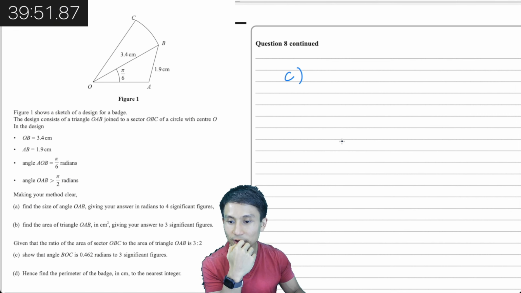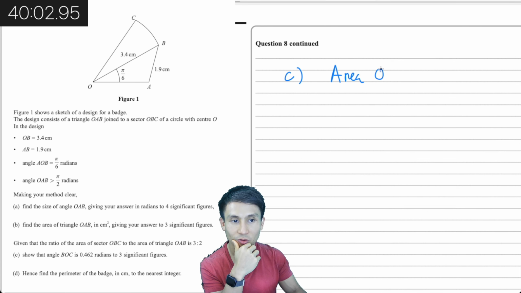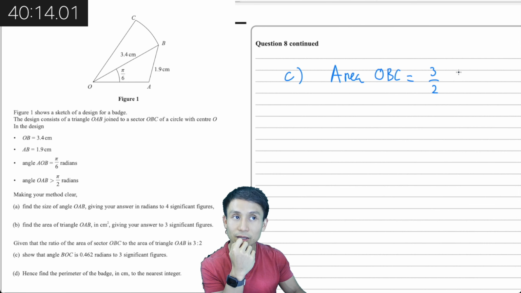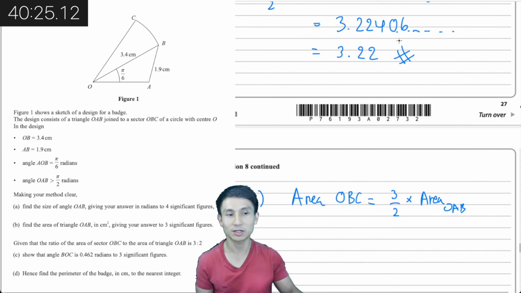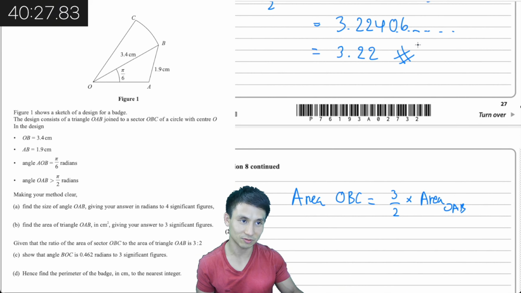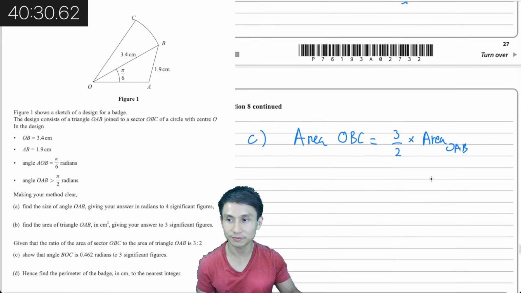Given that the ratio of the area of the sector OBC to the area of OBA is 3 to 2, that means the area of OBC is going to be equal to 3 over 2 times the area of OAB, which is just what we got up here. That's why I need to carry a lot of figures, just to avoid any rounding error.